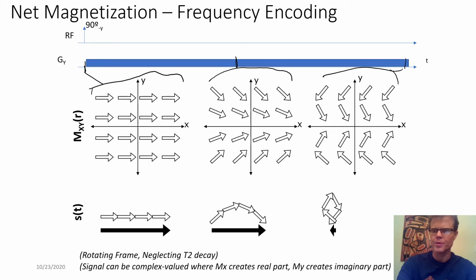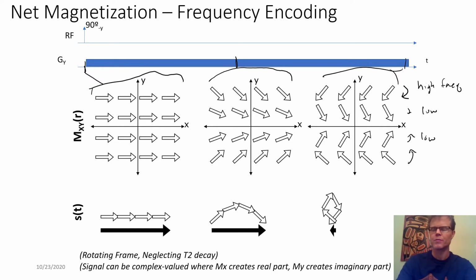This top row up here is rotating this way. That's high frequency. As we get closer to the center here, it's rotating at lower frequencies. And then the negative frequency, in fact, means rotating in the opposite direction.